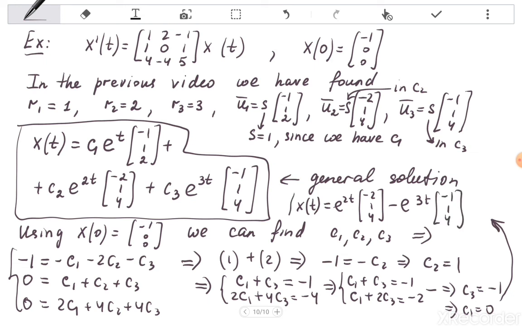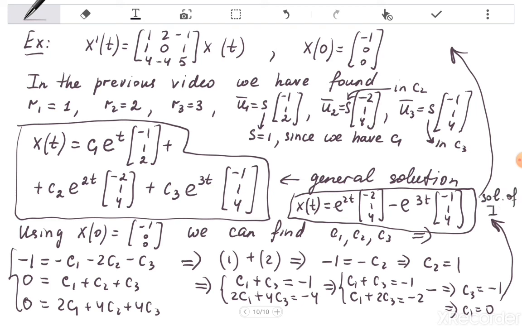So this is the solution of the initial value problem.